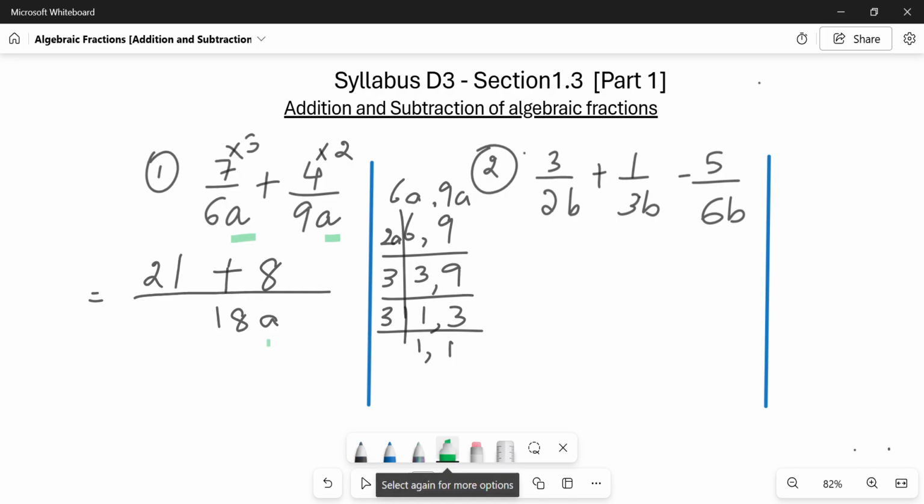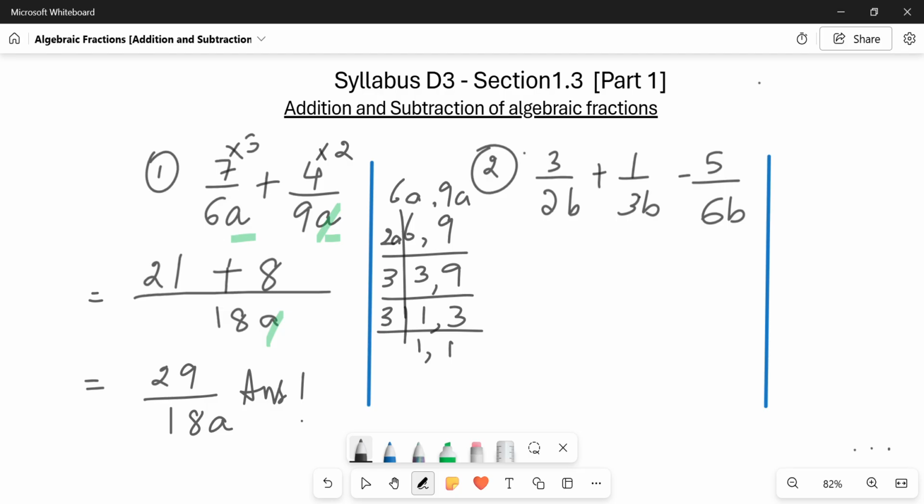Because I'm doing division here, in division we need to cancel them out. A will not come in the numerator. Here, 21 plus 8 gives you 29 over 18A. This is the answer.